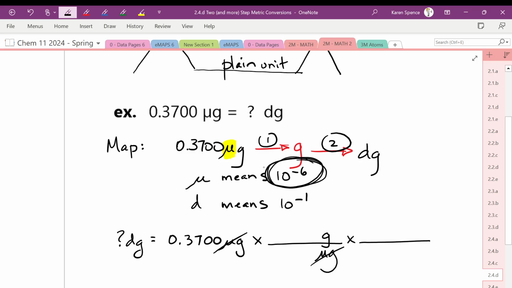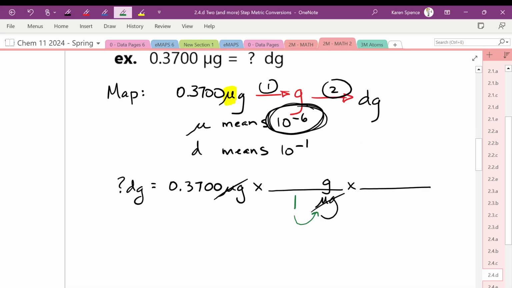Does it go with the gram or with the microgram? Where does the 1 go? The 1 goes with the prefix. That means you don't have to think about that anymore. If the 1 goes with the prefix, then obviously the 10 to the negative 6 has to go with the gram.